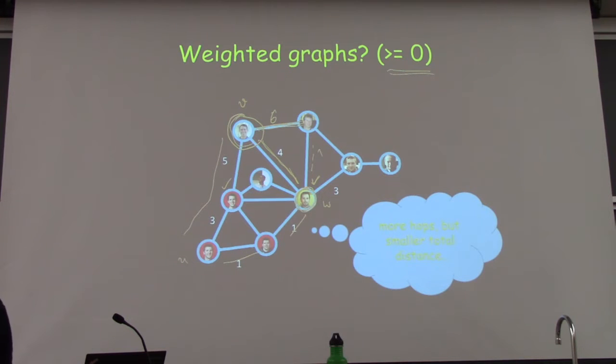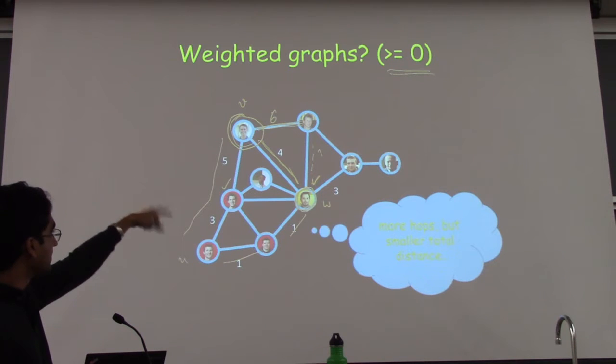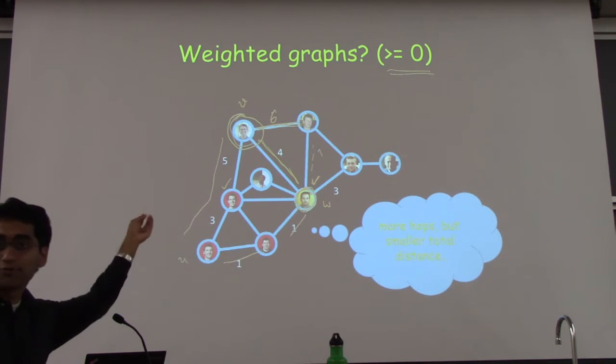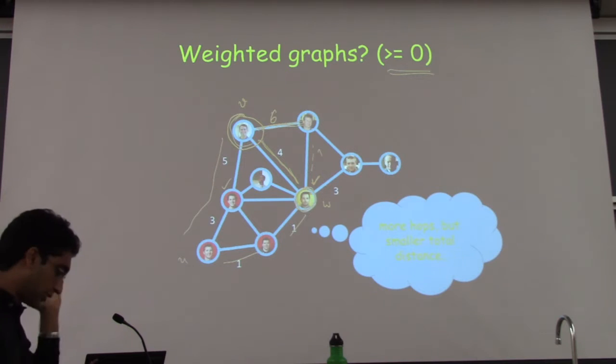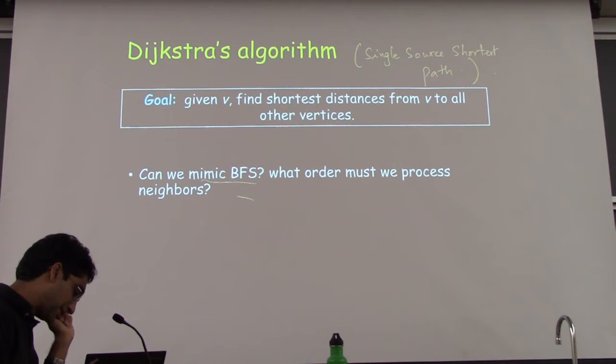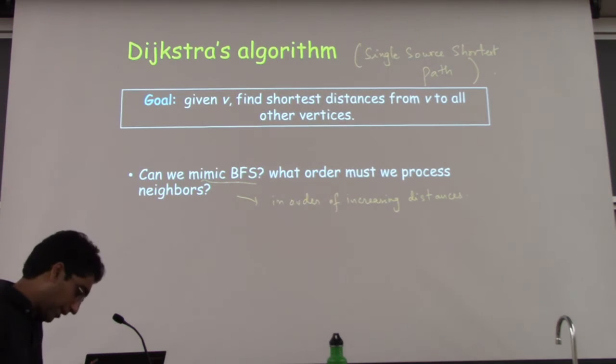Any other edge out of V is actually of higher cost. So this guy we are guaranteed is the shortest path. This is one reason you might want to start off by exploring this guy. So you want to process neighbors in order of increasing distances. This makes sense.